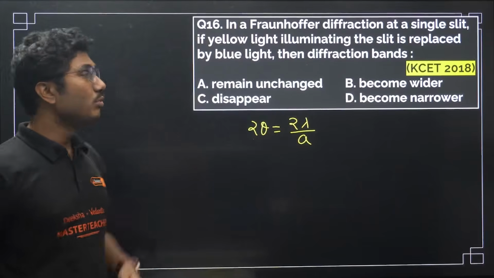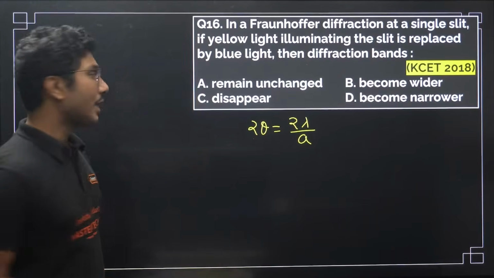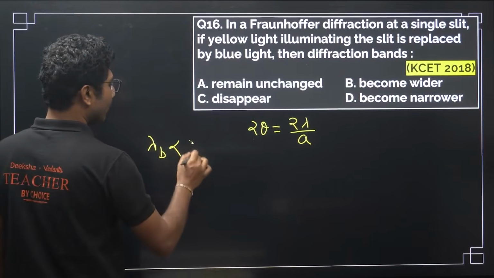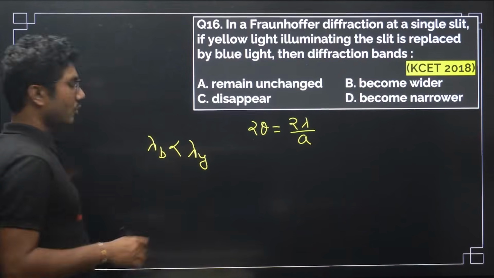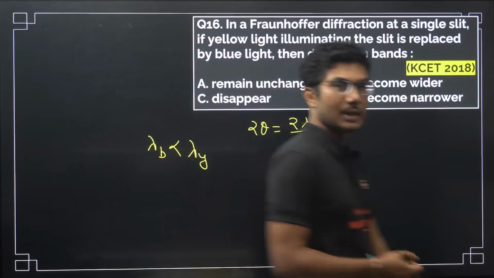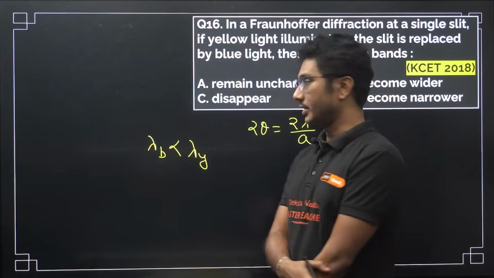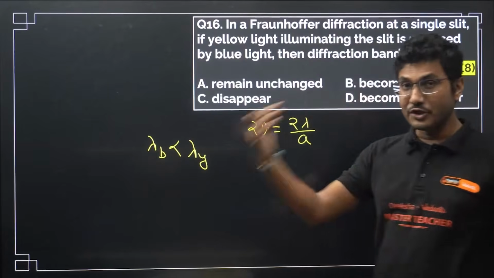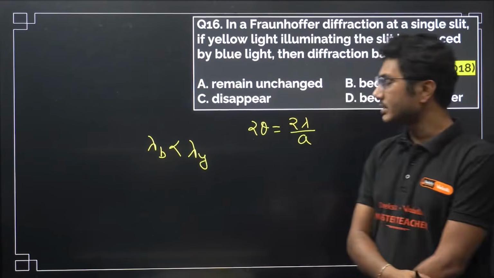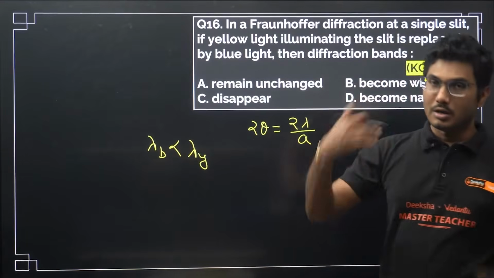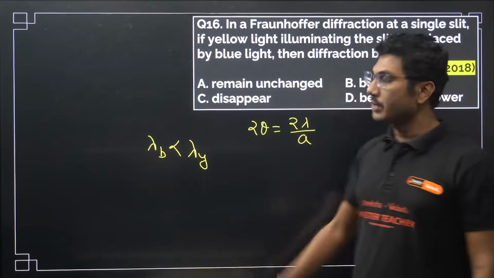Now for blue light, the wavelength of blue is less than that of yellow. Okay, red light has highest wavelength and violet light has smallest wavelength in the visible region, right? If you remember VGR that you have studied in your previous class. Now blue is closer to violet, so blue has lower wavelength compared to that of the yellow.